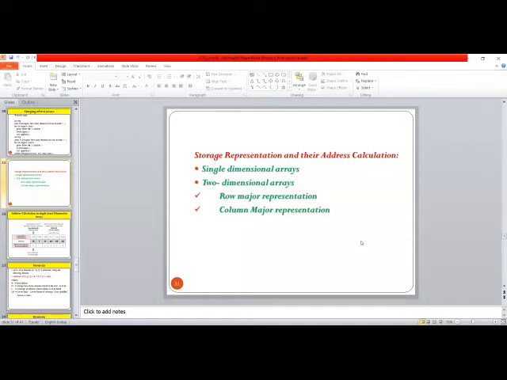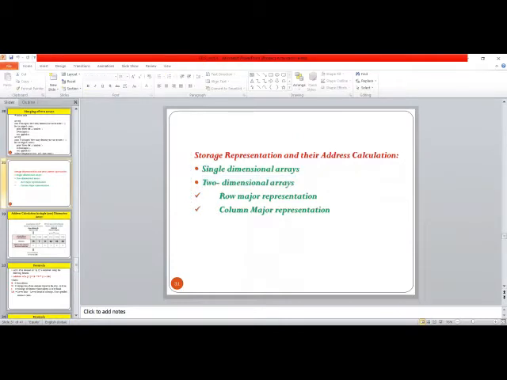Now, how do we calculate the address of a particular element inside the memory? That is what we want to study in this topic. First of all, we need to understand that there are two types of arrays. Number 1 is the single dimensional array, and number 2 is the two-dimensional array. We can even have n-dimensional arrays, but that is not part of our syllabus.